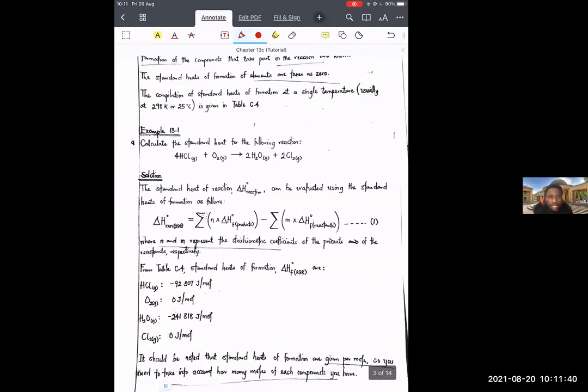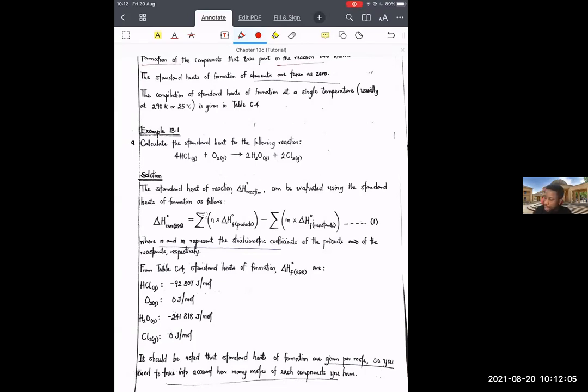So calculate the standard heat of reaction for the following reaction. As I mentioned earlier, we've noted the compounds and the elements. The compounds are HCl and water, or steam, water in its gaseous state. We can only do this by looking at the heat of formation for the different components.